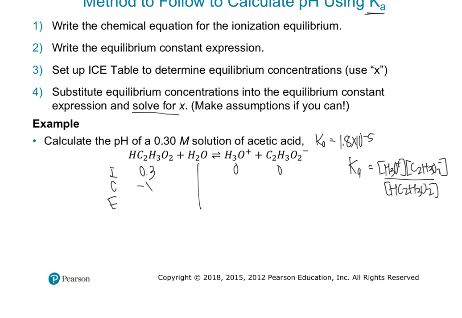Now I don't know my change. I'm going to do minus X and plus X. So 0.3 minus X and X. Great. So now we can plug that in. Now I know my Ka is 1.8 times 10 to the negative 5. That equals X squared over 0.3 minus X.